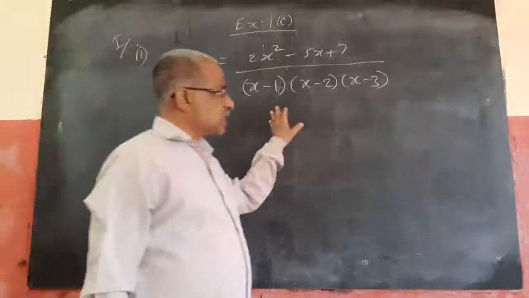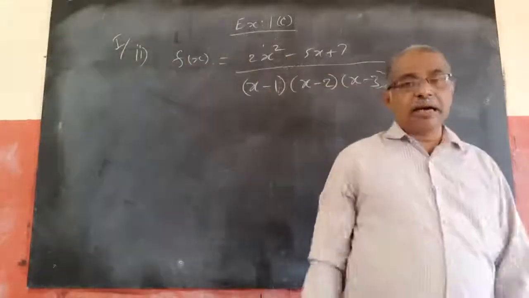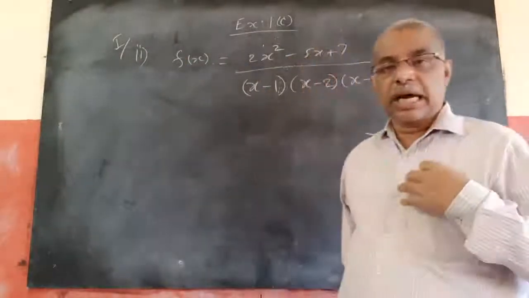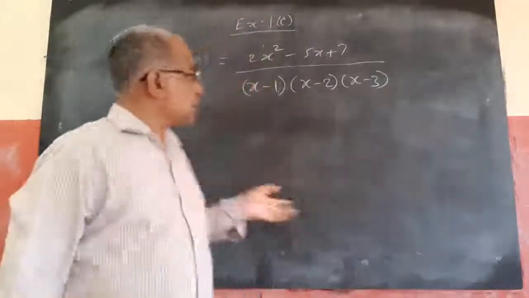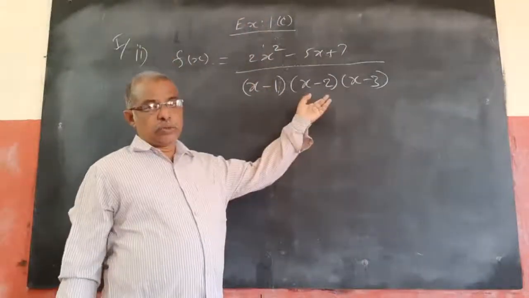So where is this function not defined? If the denominator is 0, the function is not defined. Means x should not be equal to 1, 2, 3.